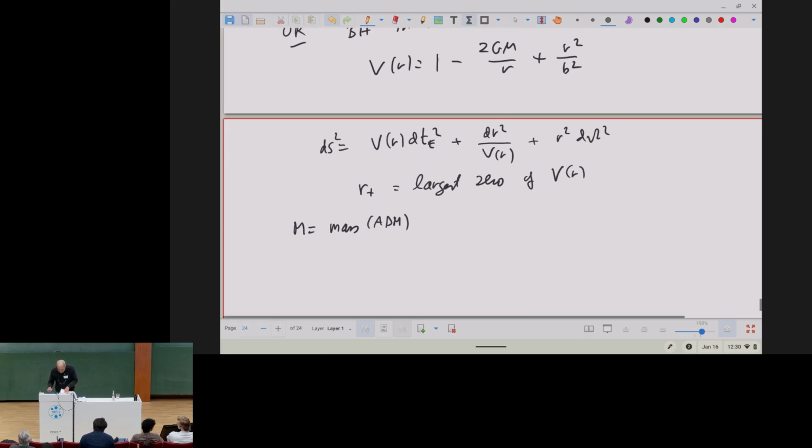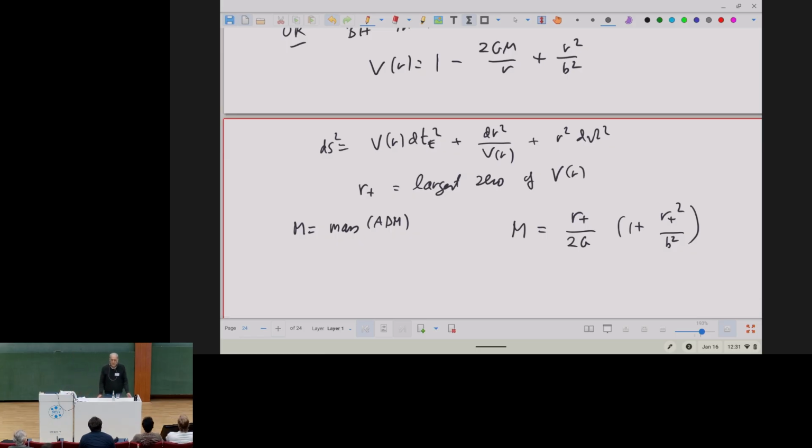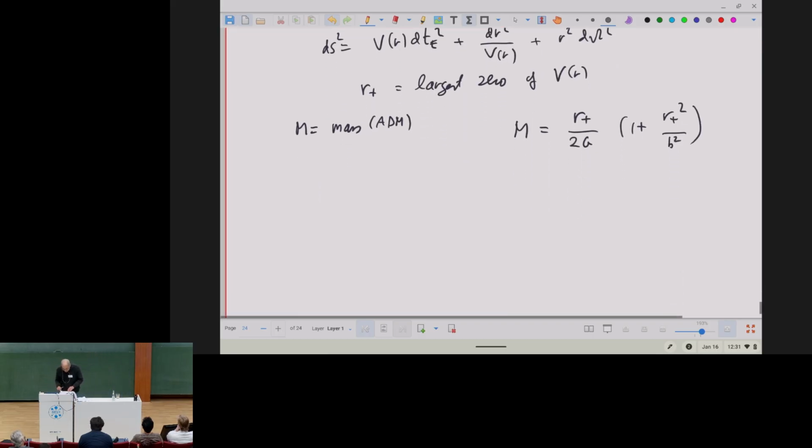With r plus being the largest zero, you can solve for M in terms of r plus, and you'll find that M is r plus over 2G times 1 plus r plus squared over b squared. So that formula shows you that as r plus increases from 0 to infinity, all values of M occur precisely once. And that monotonicity is related to the fact, as we'll see in a second, that the thermodynamics can be stable. Well, it will be stable if r plus is sufficiently big.